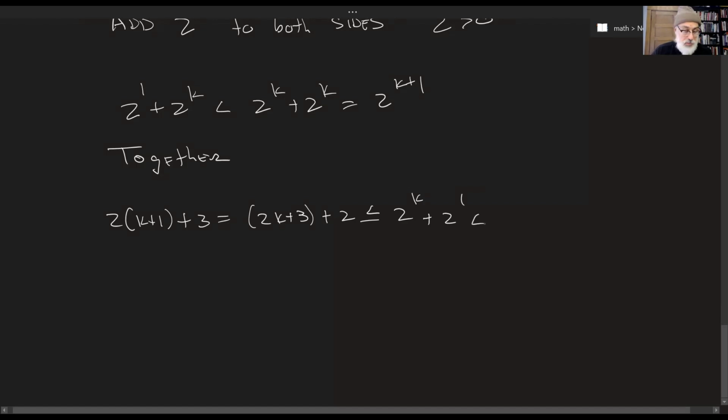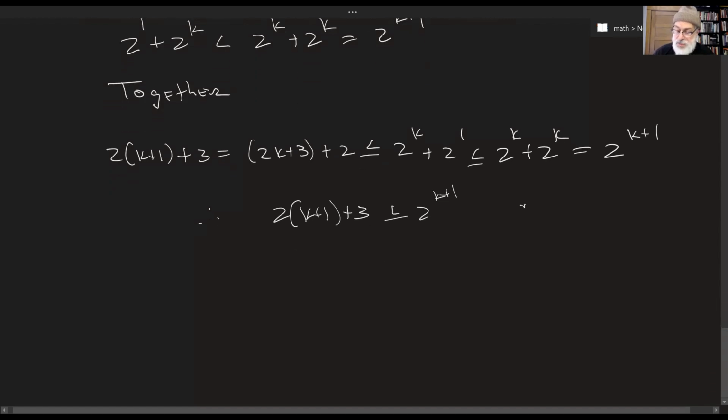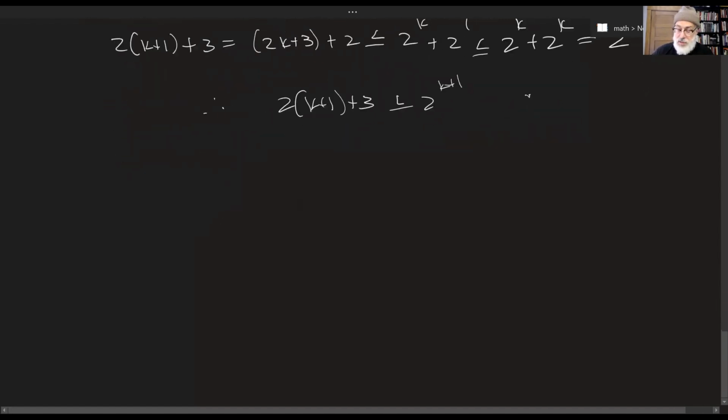Now this doesn't really matter, but we can write less than or equal to. But we know for our values that that's true, and this is 2k plus 1. So therefore, we have shown that 2k plus 1 plus 3 is less than or equal to 2k plus 1. And that's it. That's the k plus 1 case.